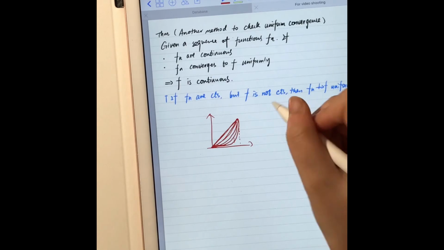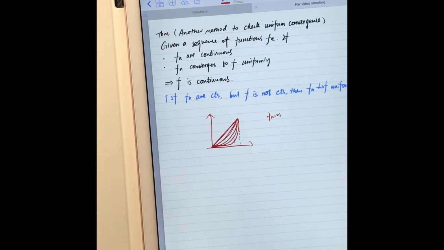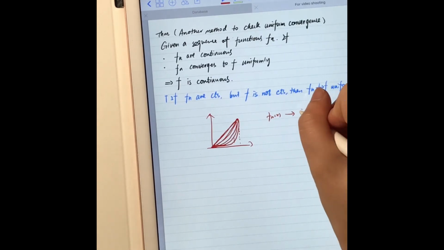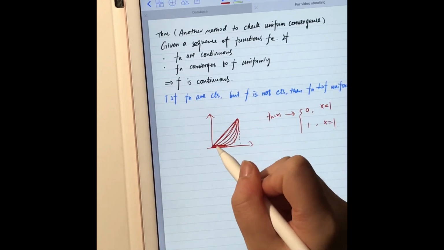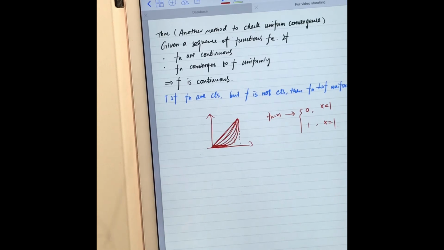The sequence of functions fn(x) looks like it is converging to 0 if x is smaller than 1, and 1 if x is equal to 1. This is pretty similar to the example that we talked about before. So you say the convergence must not be uniform, right?